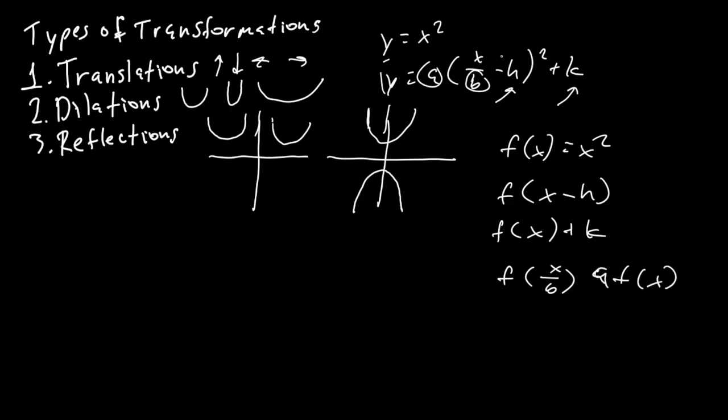You can see this is the x term, so anything that happens in the x term changes x, basically horizontally. And then a and k are outside of the x term, so they change y.